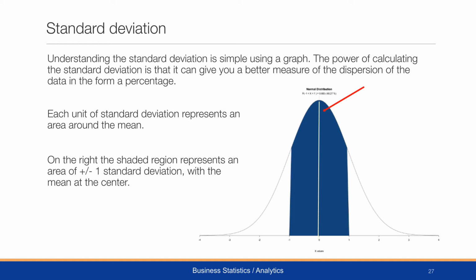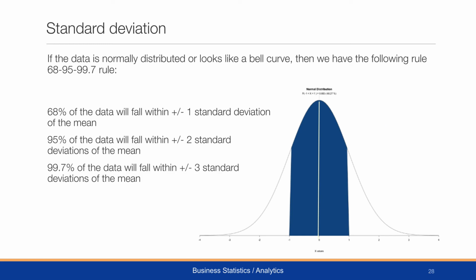And the blue region is basically -1 to +1 standard deviations. If the data is normally distributed or looks like a bell curve, we will be able to apply the 68, 95, 99.7 rule. That means that 68% of the data will fall within 1 or -1 standard deviation, 95% of the data will fall between plus or minus 2 standard deviations, and 99.7% of the data will fall between plus or minus 3 standard deviations.